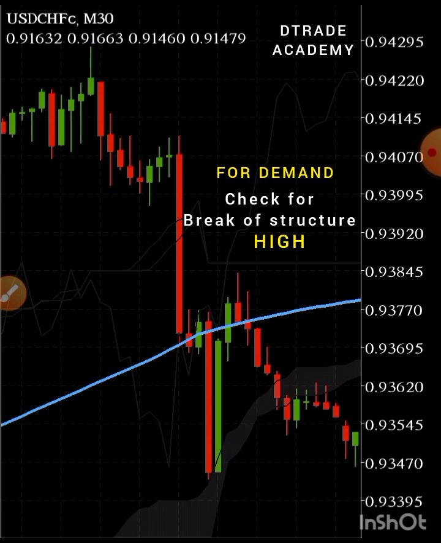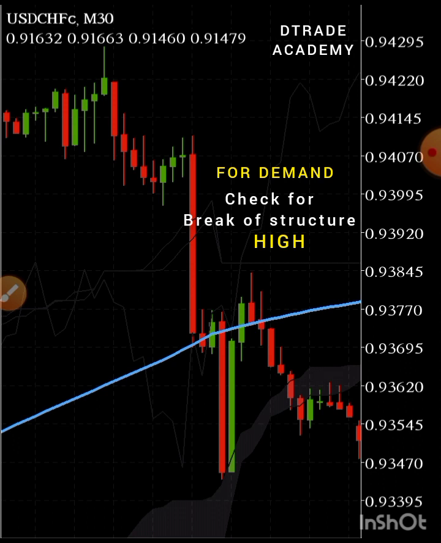The logic behind it is that large money is being pumped into the market, which causes price expansion or pushes price forward. So now let's go into marking out our demand and supply.